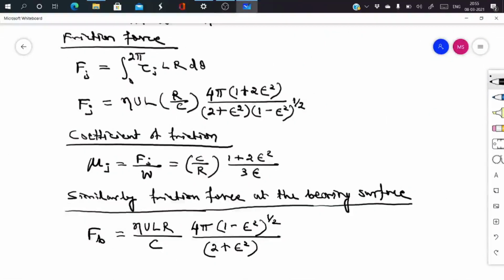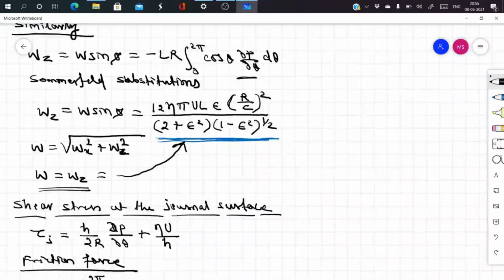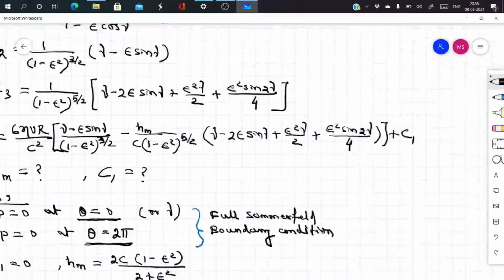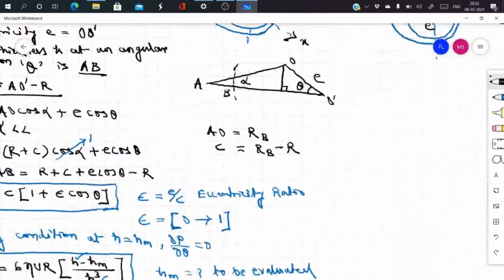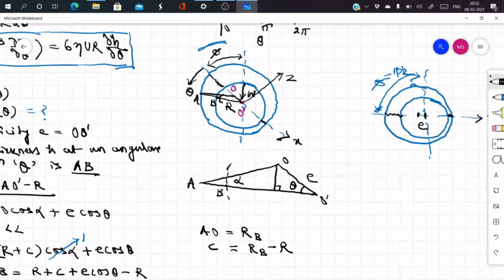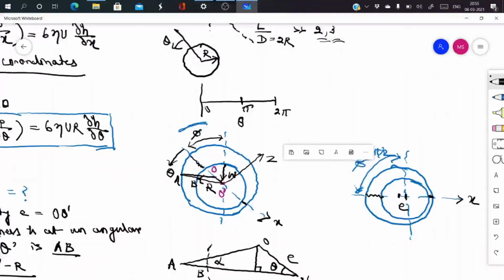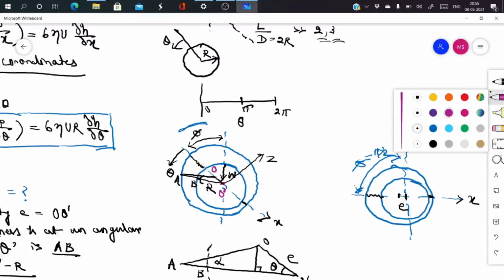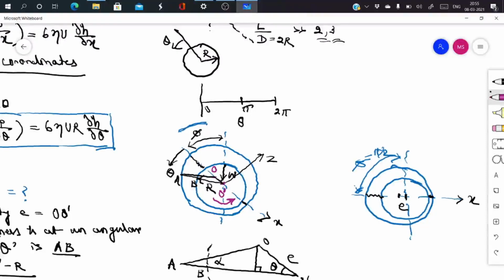Now what is happening because of this difference? You should first ask the question: if you see here in this figure, I told you that if this is the rotational direction omega of the journal, then the journal will be shifted towards the right and phi will be towards the left from the vertical axis.